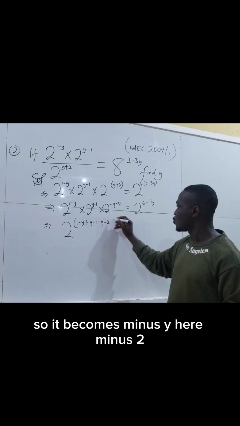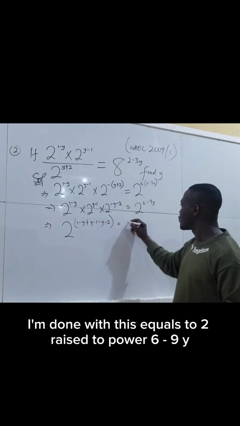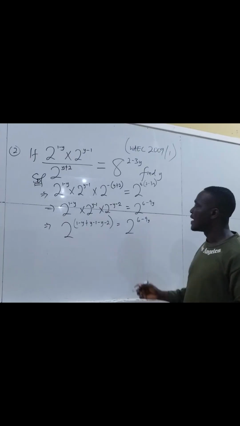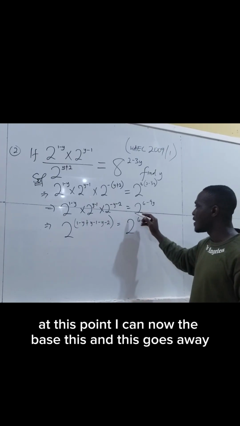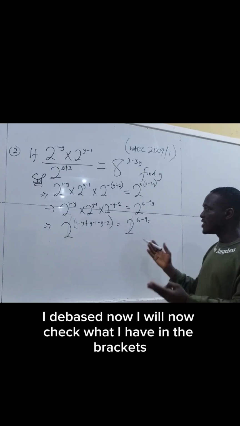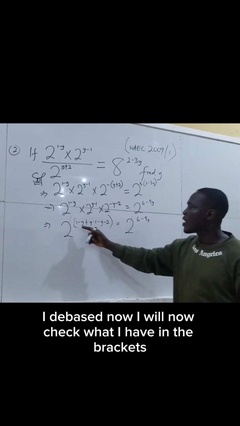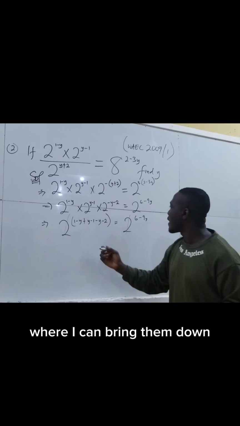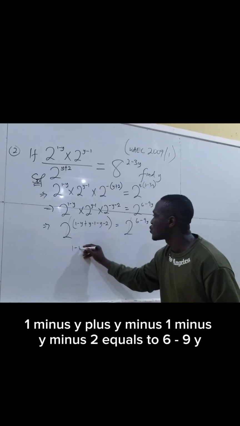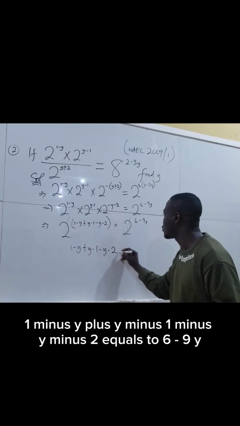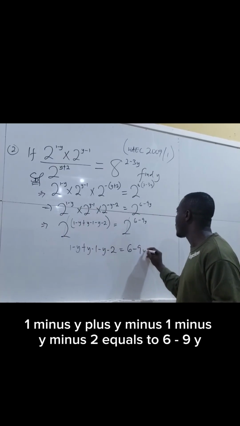Here minus 2, I'm done with this, equals 2 raised to power 6 minus 9y. At this point, I can now debase. This and this go away. Now I will check what I have in the brackets: 1 minus y plus y minus 1 minus y minus 2 equals 6 minus 9y.